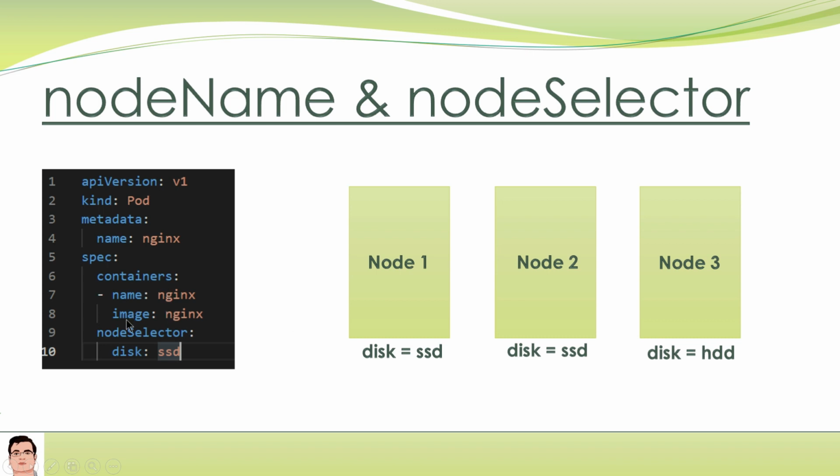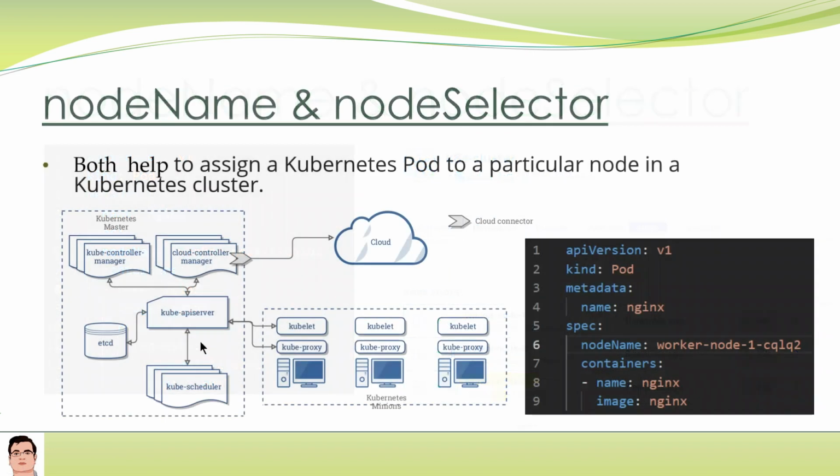So we are not providing the node name, but we are providing the node selector. These types of requests will definitely go to the kube scheduler.